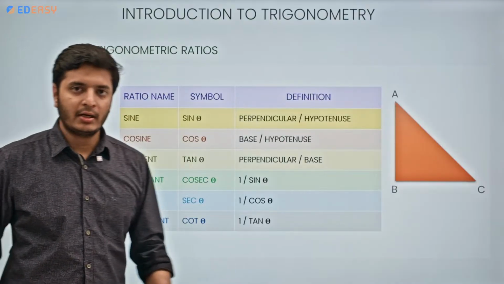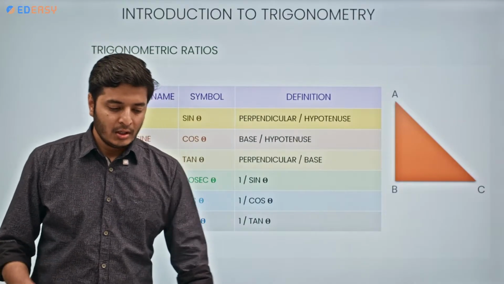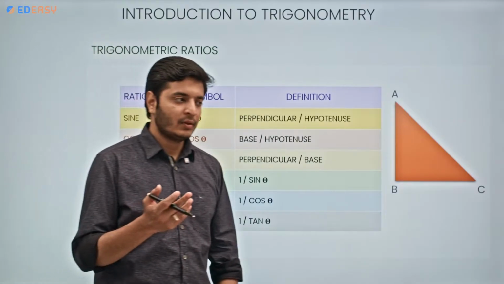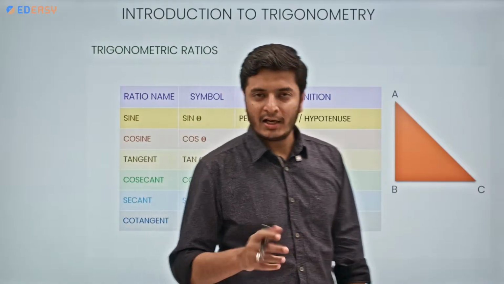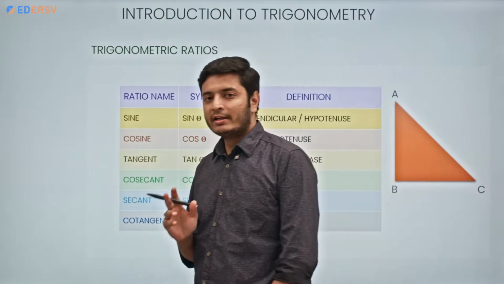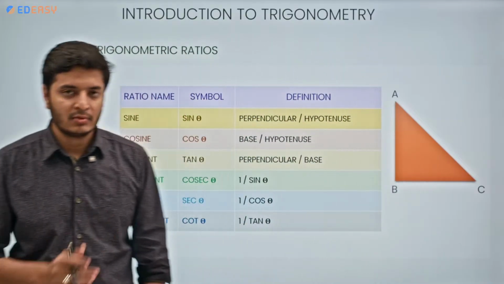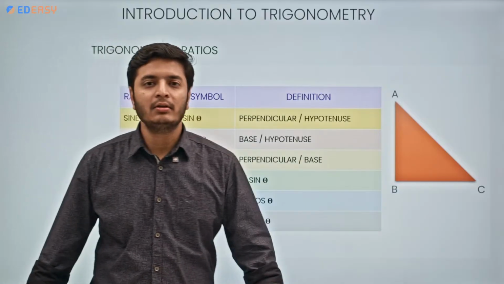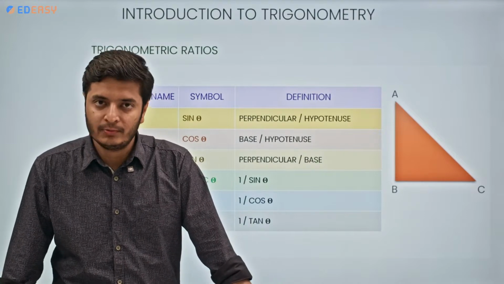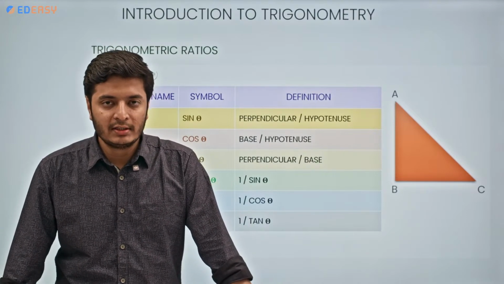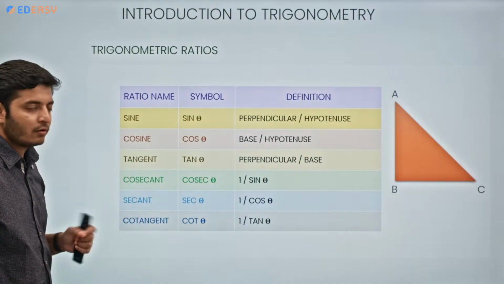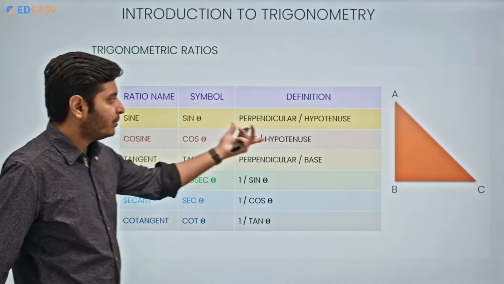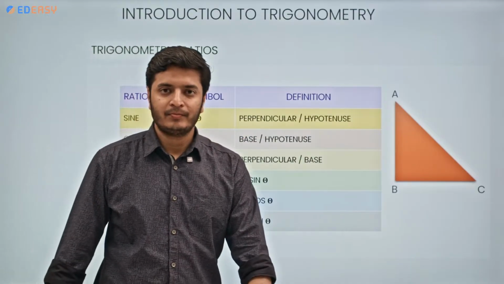Now, these are trigonometric ratios. Initially, I guess Aryabhatta was the one who first referred to the sine value. He said that the value of sine will always be equal to perpendicular by hypotenuse.